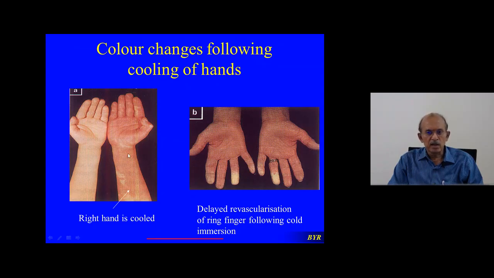This is revascularization: first vasospasm, later vasodilatation. This vasodilatation gives this red hand. This is the anoxic finger. Still, the vasodilatation has not taken place in this finger.